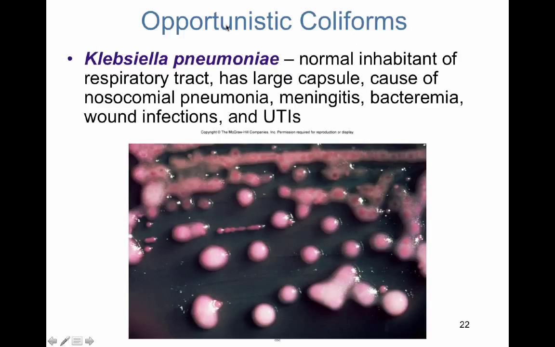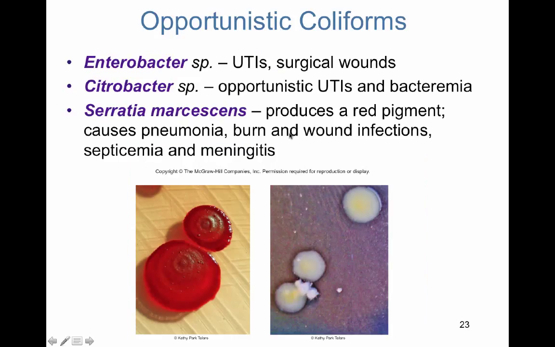Now, another opportunistic coliform enteric bacteria is Klebsiella pneumoniae. So generally it has this pink hue to it growing on an agar plate. It is normally found in the respiratory system and has this slimy outer coating, this large capsule. And it is a causative agent of hospital-acquired pneumonia, meningitis, bacteremia, also wound infections, and even UTIs.